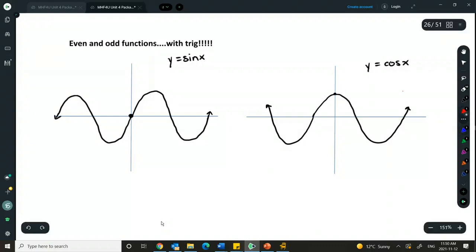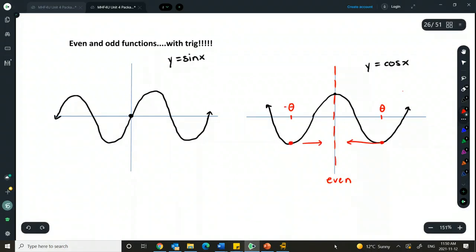All right, so we've got mirrored symmetry on either side of the y-axis here. That makes cosine an even function. Basically what it means, guys, is that the positive version of a theta and the negative version of a theta would equal the same y value.